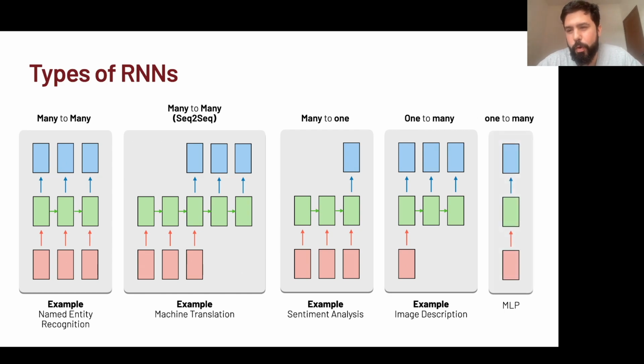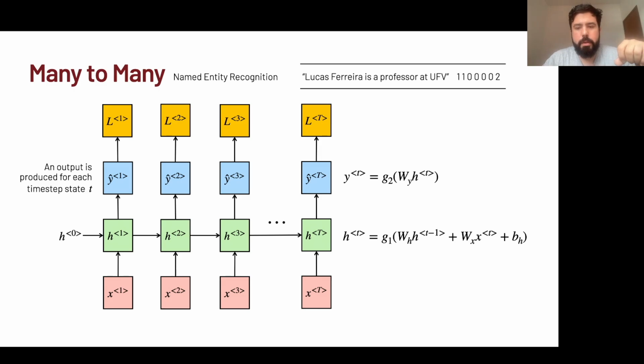Another one is one-to-one, sorry, this is wrong, which is just an MLP. In principle, so you could reduce an RNN to an MLP if you wanted. Okay, so, and I'm going to also introduce the losses here as we discuss these different types of RNNs.